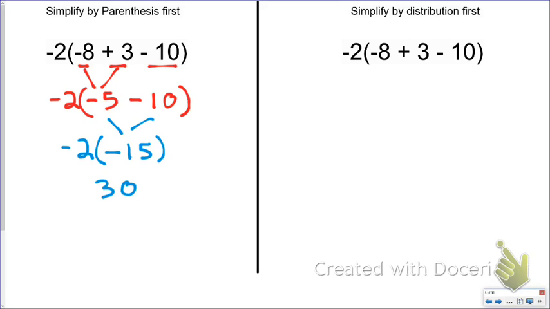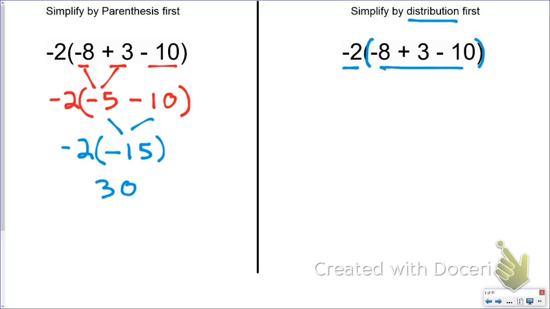And that's great. This is a really easy way to simplify this expression by doing the things inside the parentheses. What I'm going to demonstrate for you is the same expression here on the right, using distribution instead. You'll notice this is a little bit more challenging route. Remember, distribution is when a number is outside of parentheses.